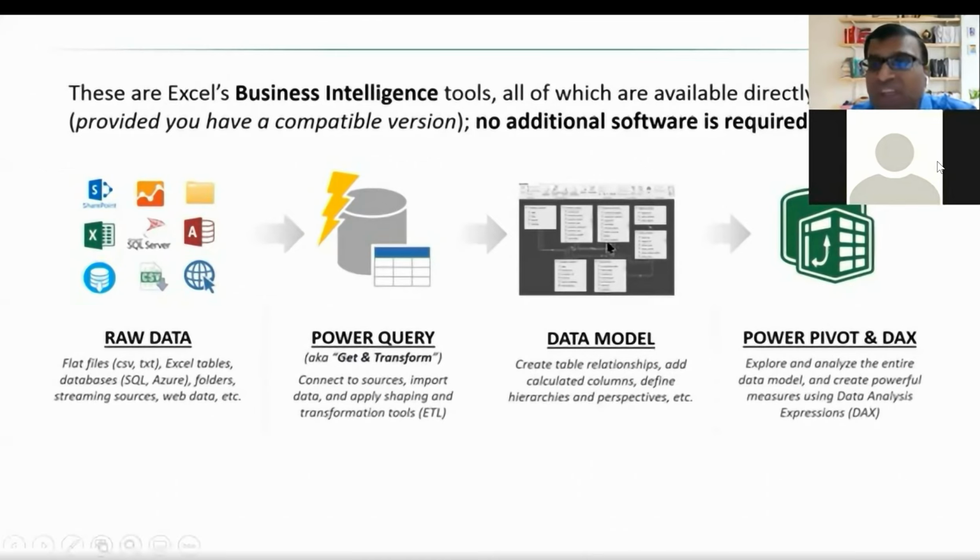But for this a little bit of setup is required. One of the most important benefits of the data model is that it does not have a limit on how many rows you can handle. When you handle a large number of rows and do VLOOKUP from one table to another, the files start hanging, Excel cannot accommodate that many line items, and it becomes slow. We will see how this addresses these problems.